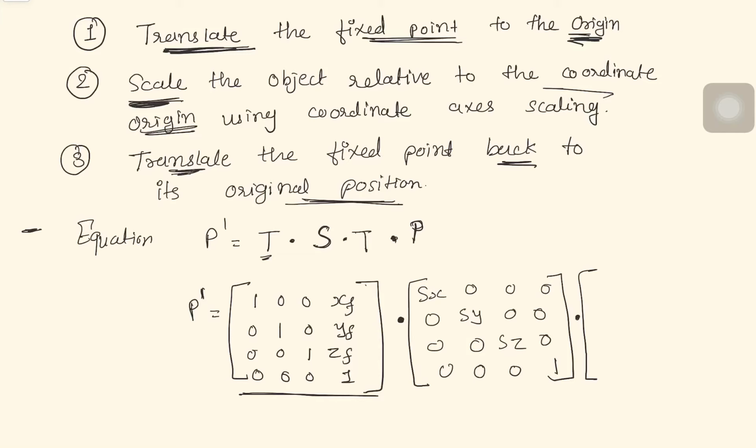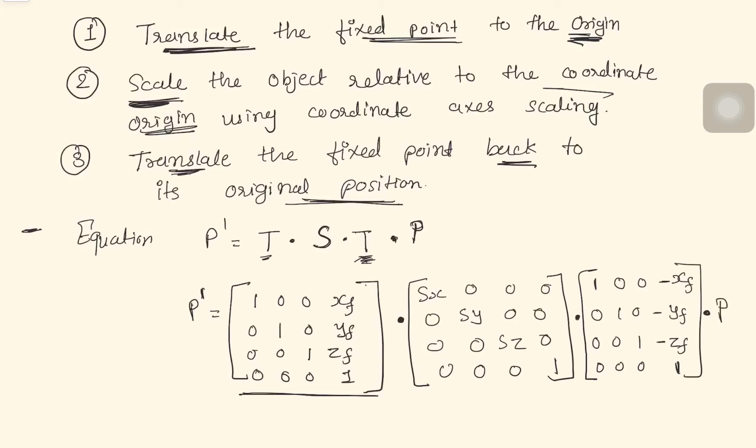So for that we have to take the opposite sign of the x, y and z coordinates. So this T, step number 3, is 1 0 0 xf, 0 1 0 yf, 0 0 1 zf, 0 0 0 1, right, into point P, right.